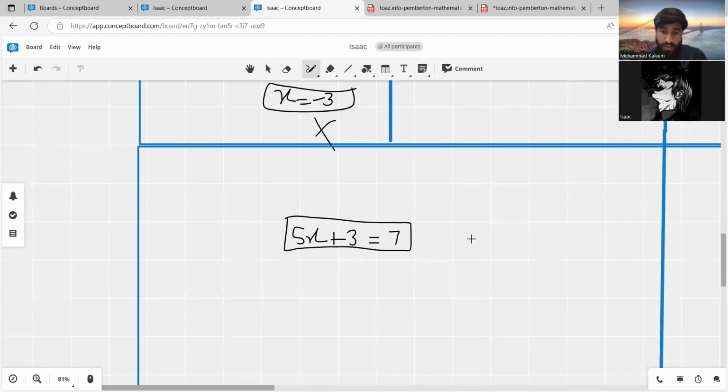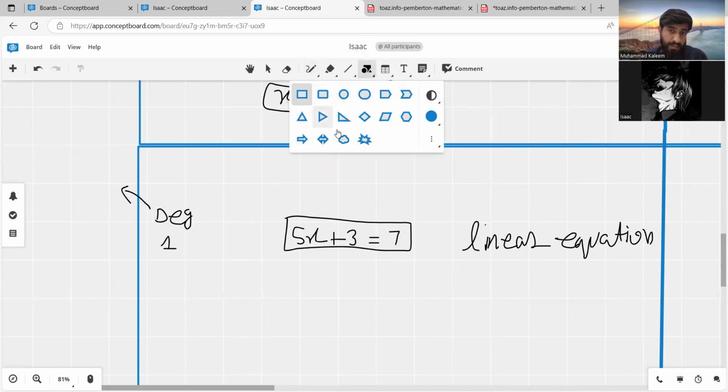This is a linear equation. Why is this a linear equation? Because in this one, the degree of the variable is 1. What is a degree?